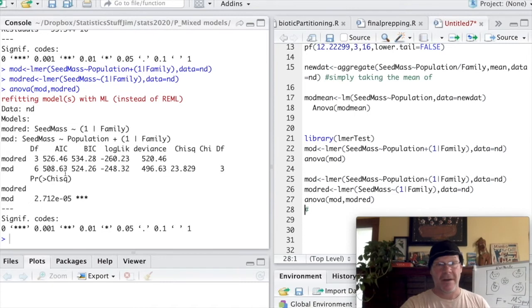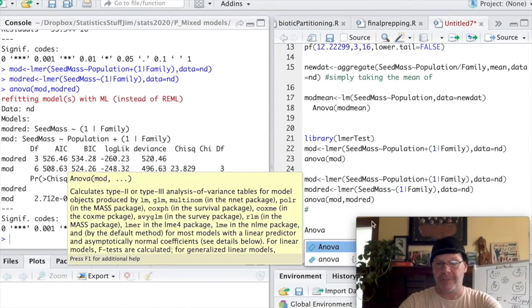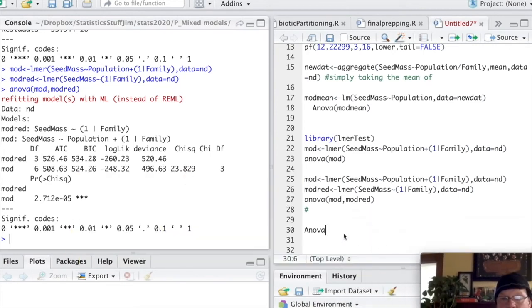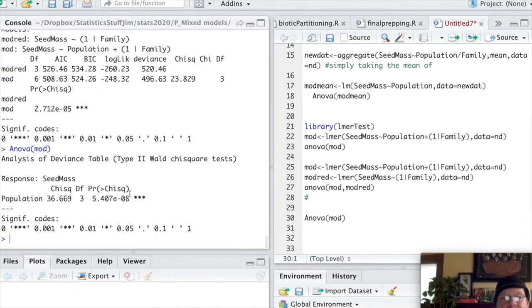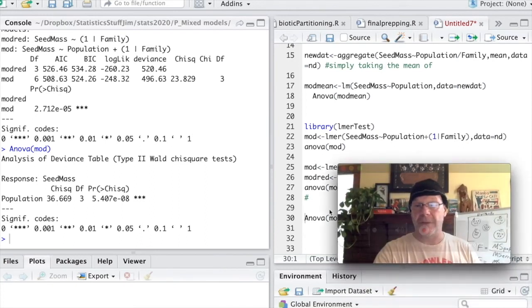So here you would say, yep, population is significant, here's the p-value. And then finally, we could use the capital A Anova and put the name of our model in there. And then it's going to do that analysis of deviance, that other approach to doing likelihood ratio type statistics.